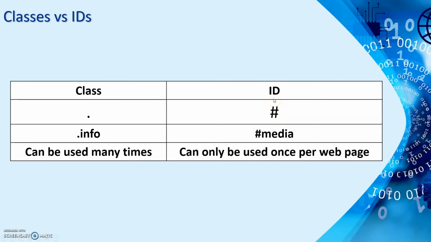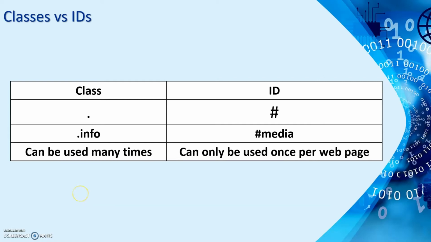Your ID, you're personally unique. So if you can try and remember, that's how it helps me remember. Hash is for the ID, the one that only occurs once. Therefore the dot is for the class, full of lots of people, so you can use the class lots of times. Okay, so class can be used many times, but the ID, you can only use that once per web page.